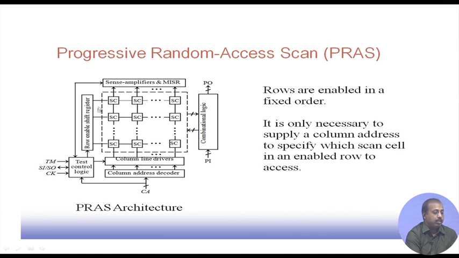This row access is in sequential fashion, and by the column line address decoder we can select a particular column, like which value we want. That value will come to the combinational logic and be applied. This combinational logic has n inputs, and all these n inputs will come through this random access scan architecture.